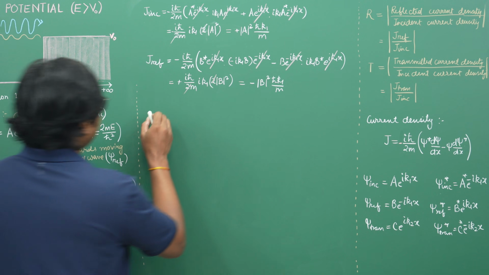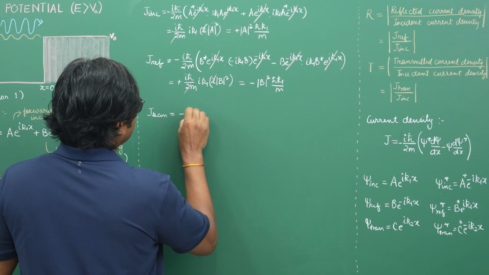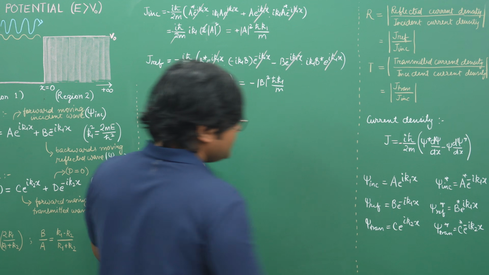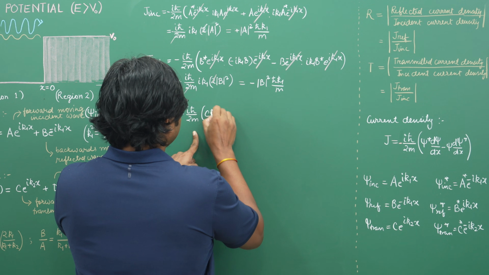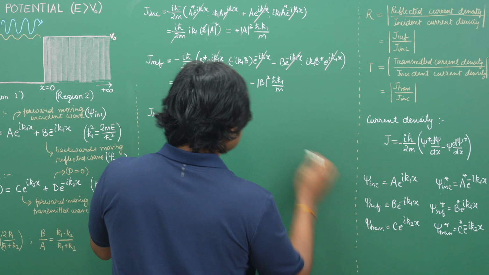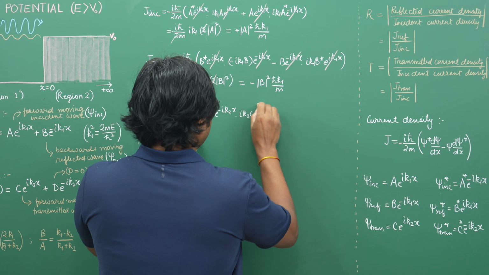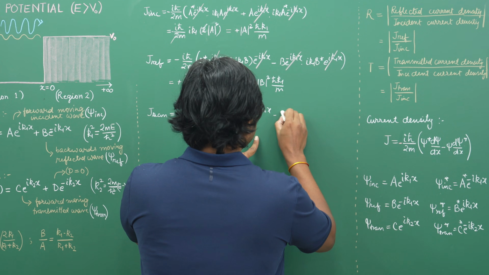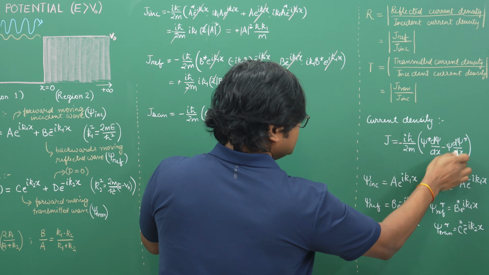And finally, if we want to find the current density for the transmitted wave, this comes out to be minus ħ upon 2m. So for the transmitted wave, I need psi star. This comes out to be C star e to the power minus iota k2x, and d by dx of this is iota k2 C e to the power iota k2x, minus psi, which is C e to the power iota k2x, and d by dx of psi star.